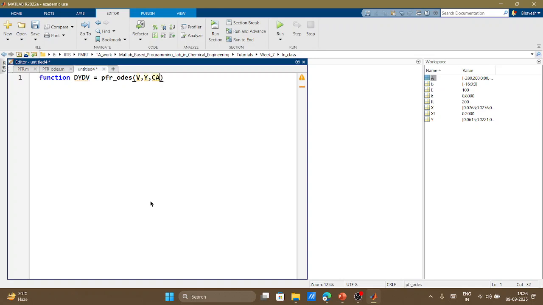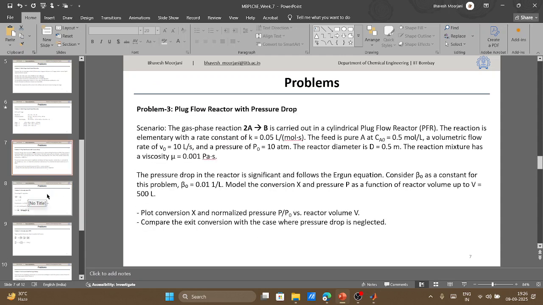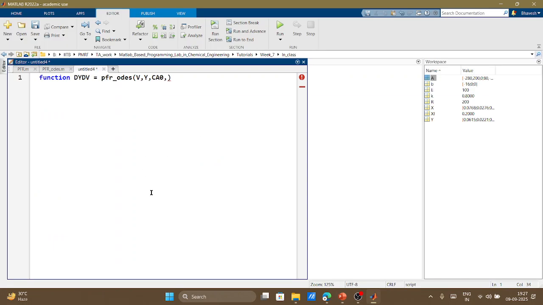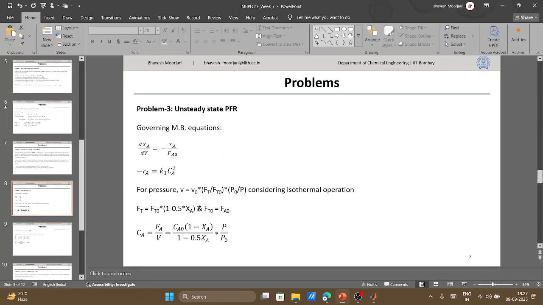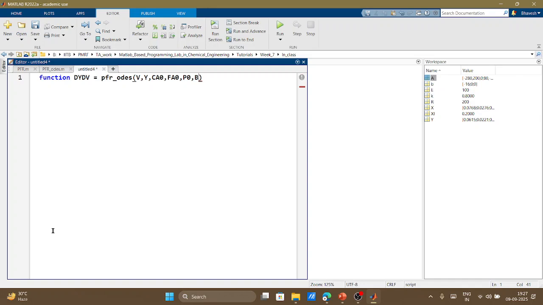Then I will need CA0, FA0, P0, and what else? Yeah, we will also need beta naught, B naught. ODEs representing PFR problem, gas phase.